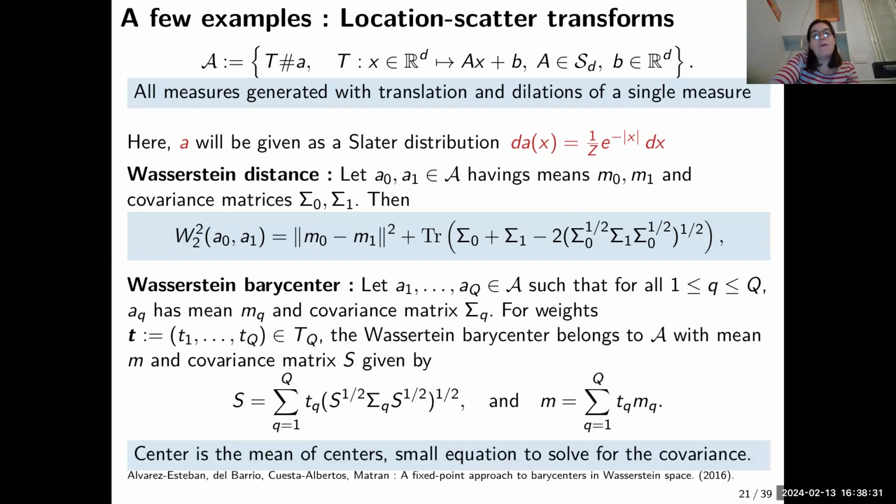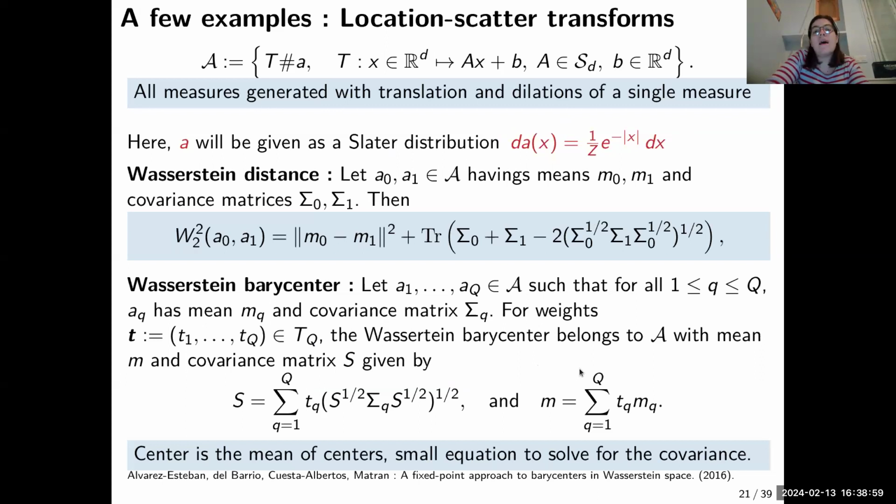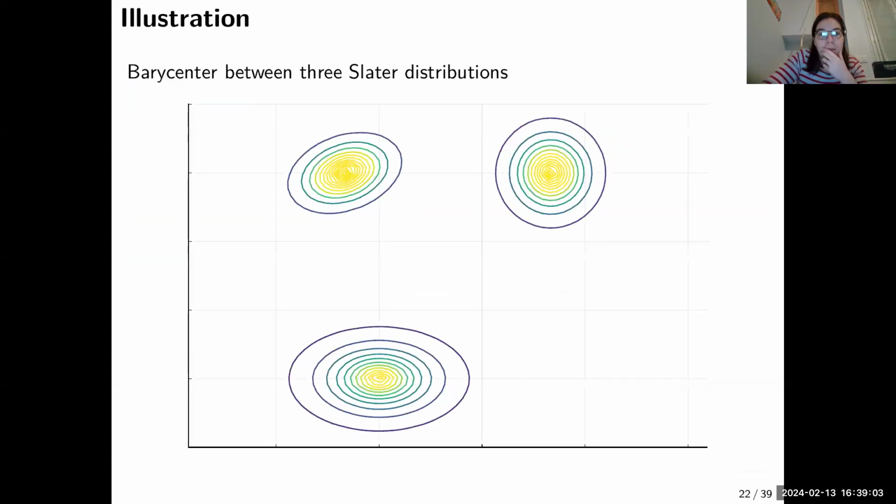You can also have very simple expressions for the Wasserstein barycenters, in the sense that the mean of the barycenter will be the barycenter of the means. And you have a very simple expression as well to give the covariance matrix of the Wasserstein barycenter in this very particular case. So in this case, you don't even have to use ICDFs to compute these Wasserstein distances and Wasserstein barycenters.